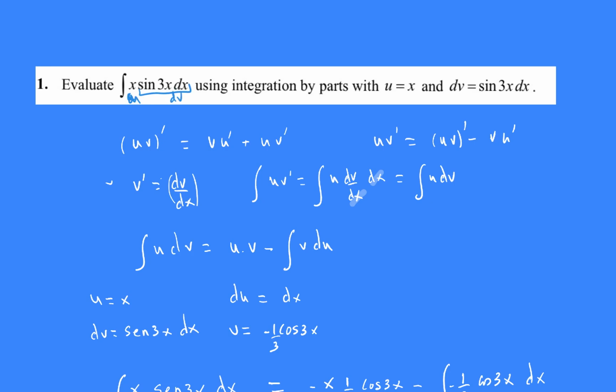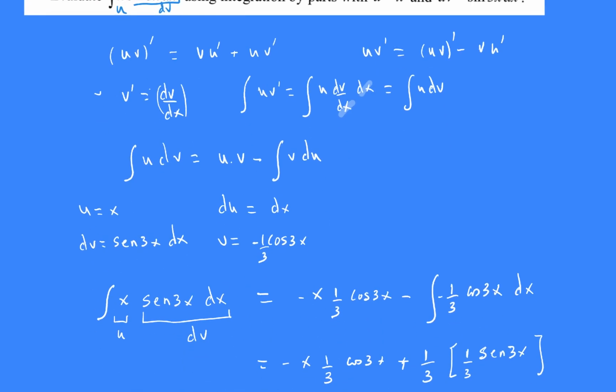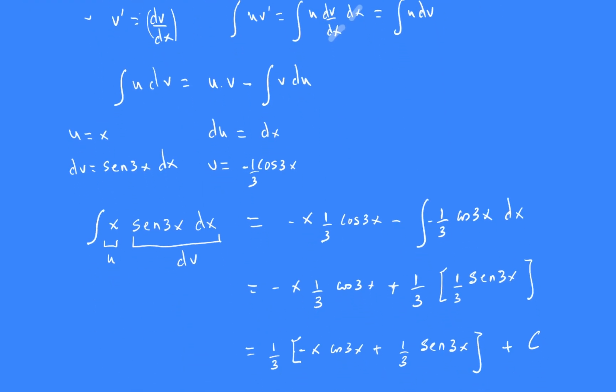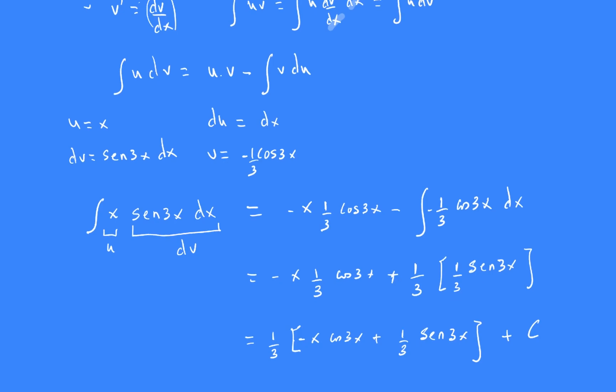What does integration by parts say? It says that the integral of u dv is u times v minus the integral of v du.